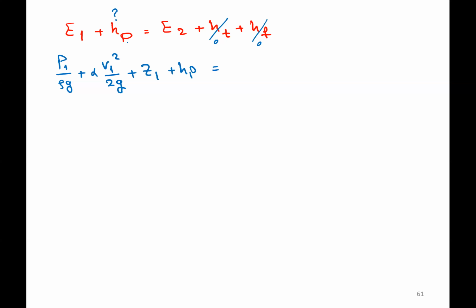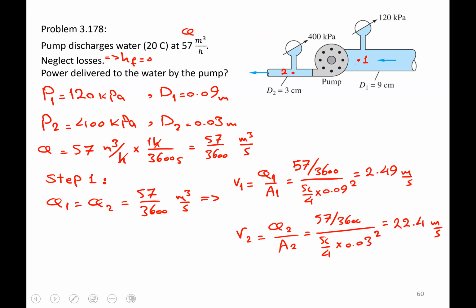So we have similar terms like the first 3 terms on the left side, on the right side, but for point 2. So this equals to P2 over rho G plus alpha V2 squared over 2G plus Z2. So if we go back to the figure, you see Z at point 1 is almost equal to Z at point 2.